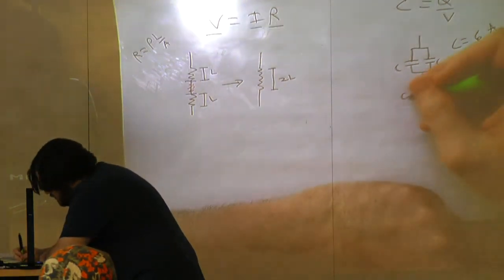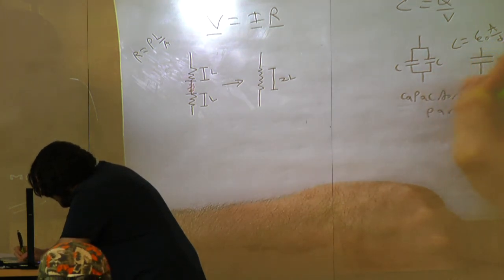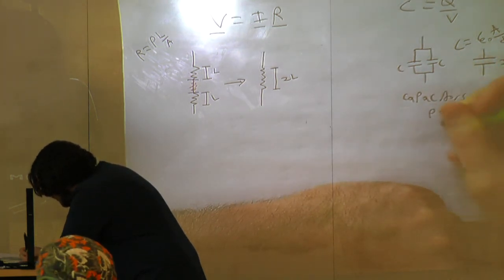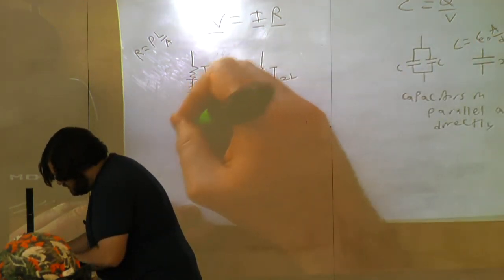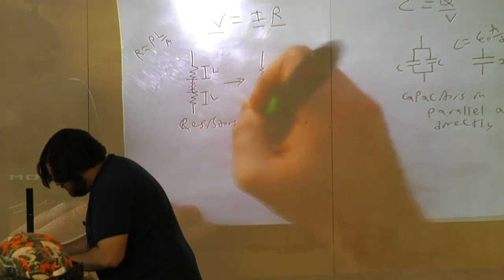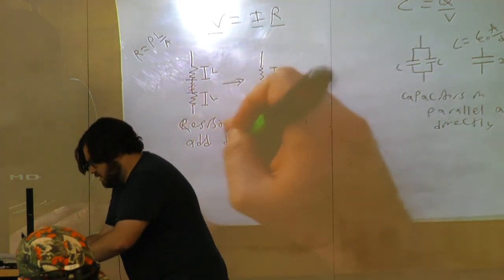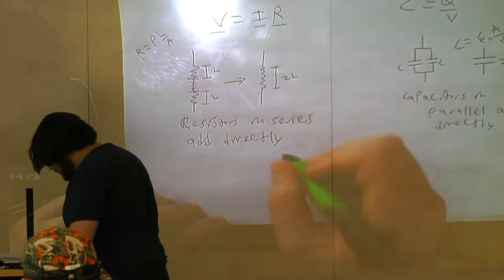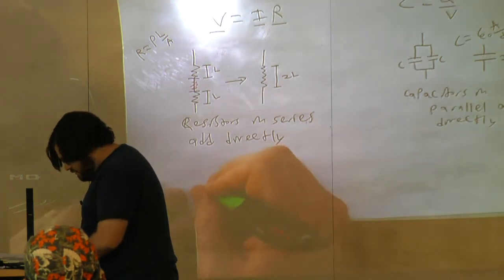So I'm going to write that. Capacitors in parallel add directly. Resistors in series add directly. Okay? The other way that we add is inversely.